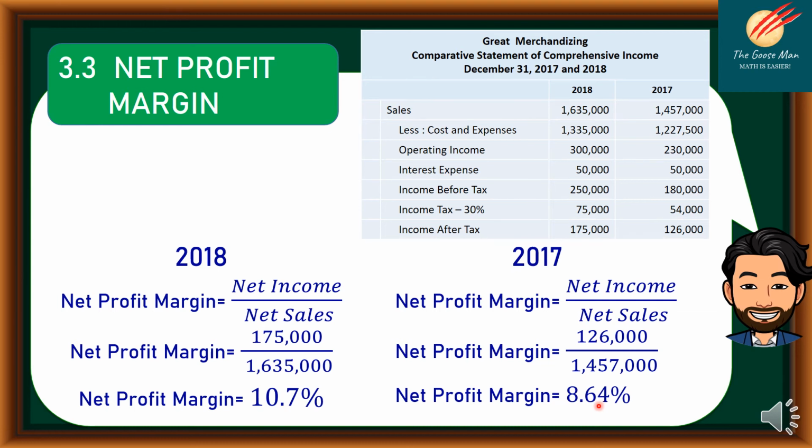Number one, the net profit margin of the business has provided positive contribution to the equity of the owner after the provisions for interest and taxes. Number two, the contribution of the business operating performance to the owner's equity has improved in 2018 at 10.7% from 8.64%.